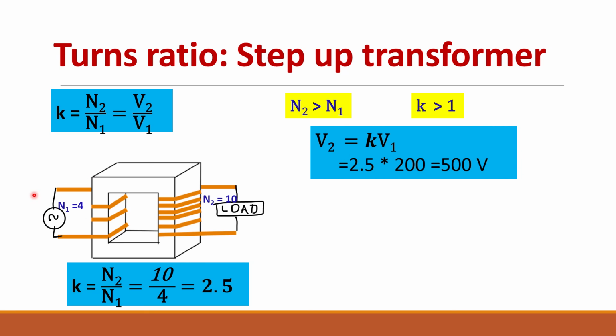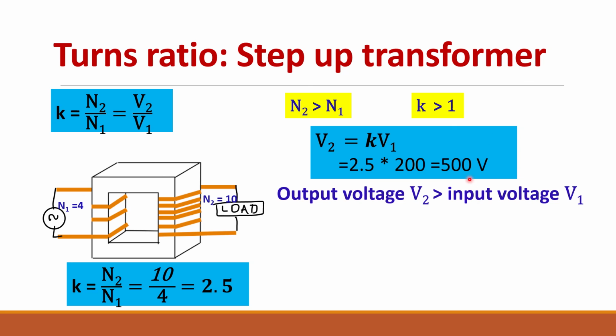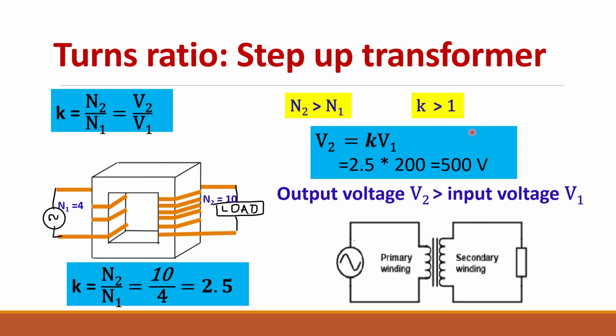And if the input voltage is 200 volts, V2 is equal to K times V1, so K is 2.5 into 200. You will get 500 volts. So in a step up transformer, the output voltage is always greater than the input voltage and the turns ratio is greater than 1. And while drawing a step up transformer, always remember that the number of turns in the secondary should be greater than the primary.